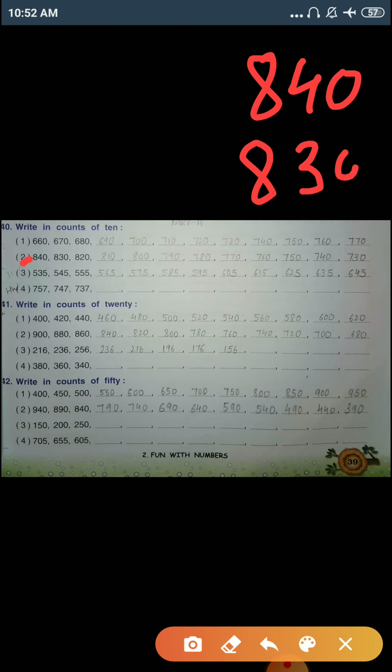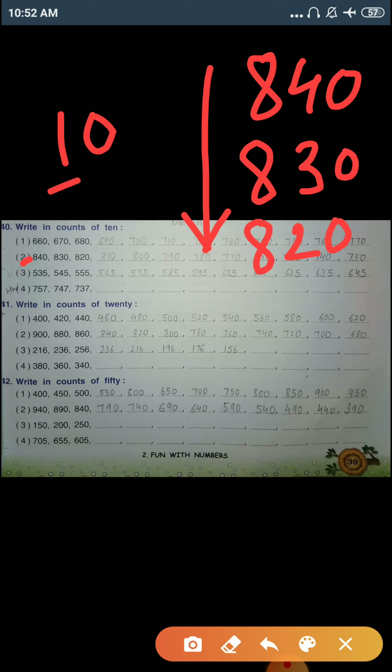First of all, we are concentrating on the pattern followed in this question. That means 840, after that 830, after that 820. You can see here the number is decreasing by how much? By 10.